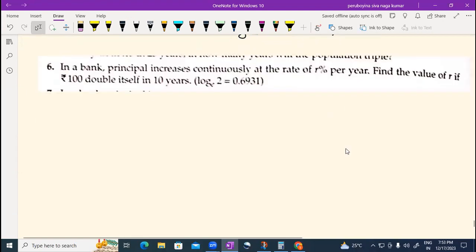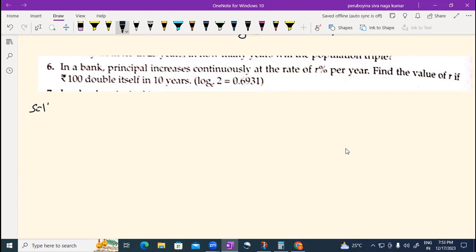The sixth question says, in a bank, principal increases continuously at the rate of R% per year. Find the value of R if 100 rupees double itself in 10 years. Okay.